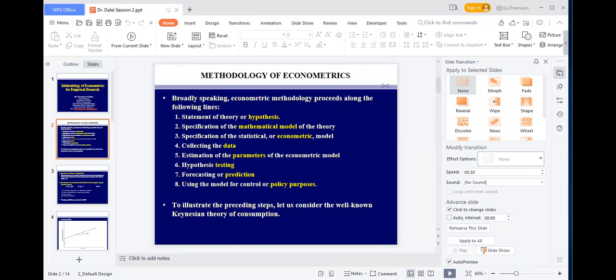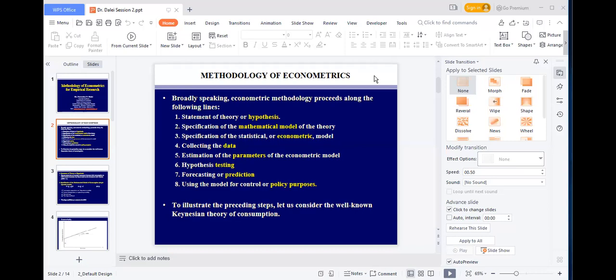Here we will try to explain all these 8 steps using one famous theory called the theory of consumption, developed by James Keynes in the 1930s. It states that when income is increasing, consumption is also increasing, but less than proportionately.